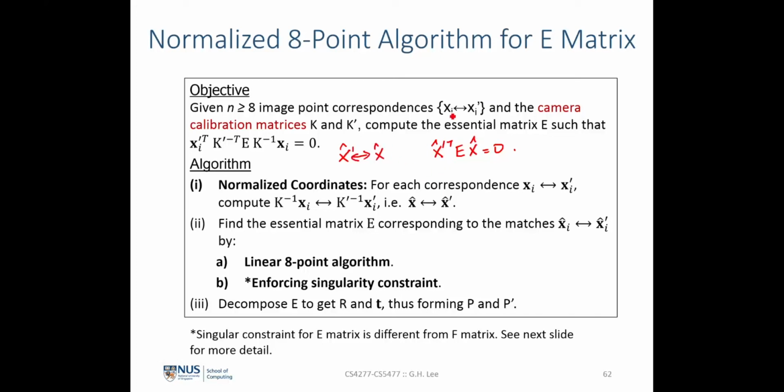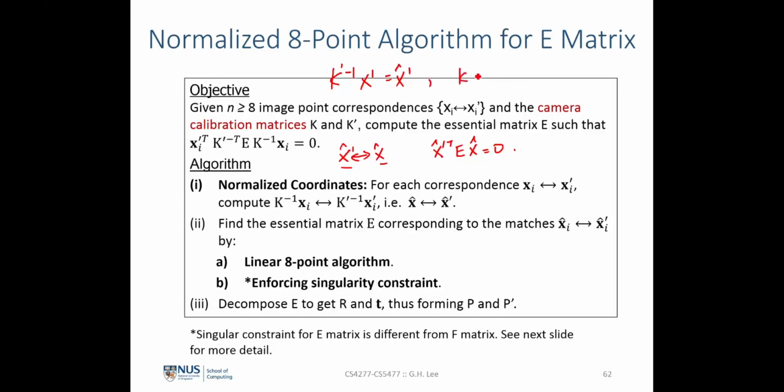We first compute x hat and x hat prime from the original image correspondences x and x prime by taking the inverse of the camera intrinsic matrix and multiplying it with x prime to get x hat prime.